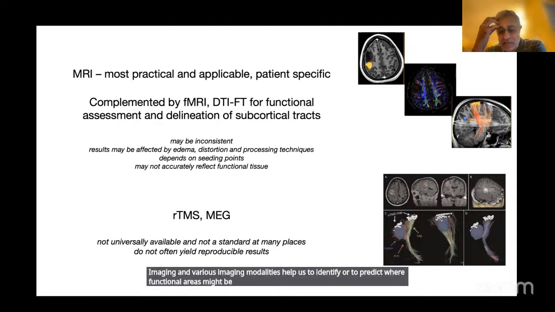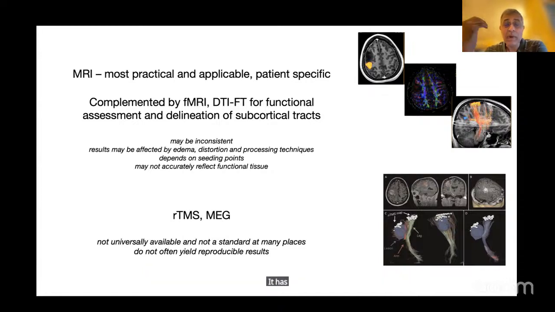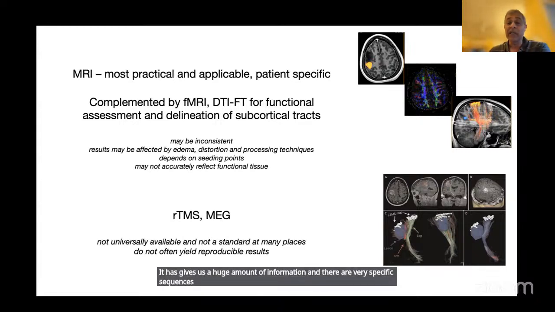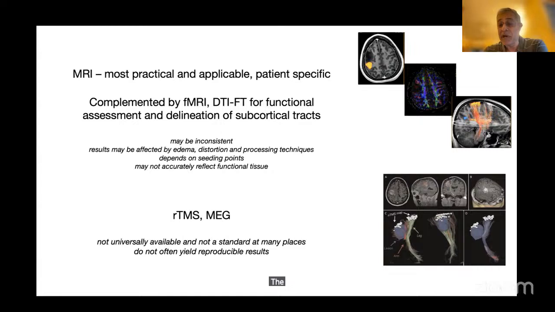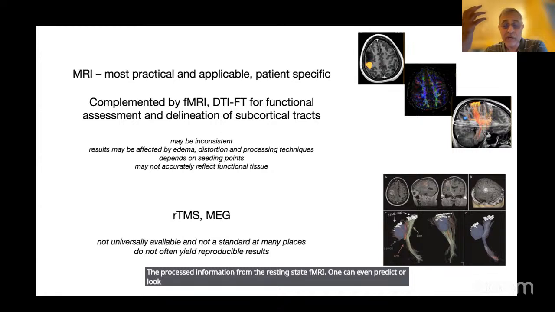The magnetic resonance imaging, which is a standard for all these tumors, gives us a huge amount of information, and there are very specific sequences in the MRI that can show us the white matter tracts, can show us functional areas, and using newer computational techniques, the processed information from the resting state fMRI, one can even predict or identify networks within the brain.